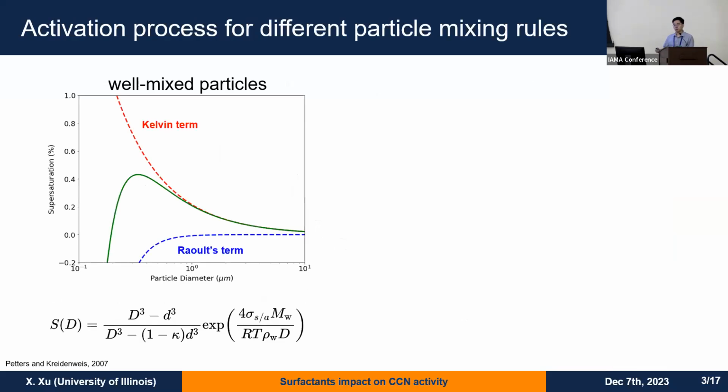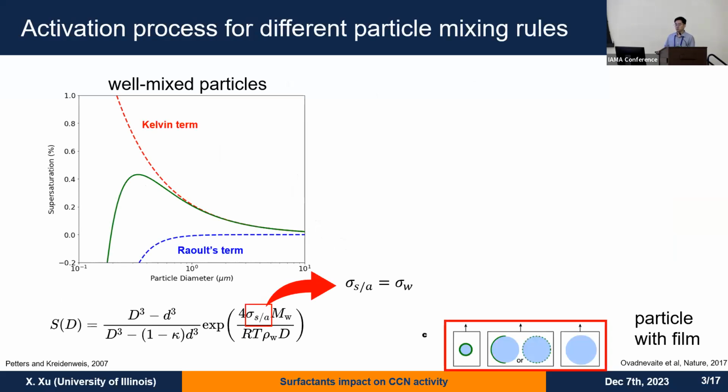But for a long period of time, we have used the kappa-Köhler theory to describe well-mixed inorganic-organic mixtures. But if we focus on the equation, we can see there's a parameter, sigma, for which we are still using the surface tension of water as a constant, which is not correct.